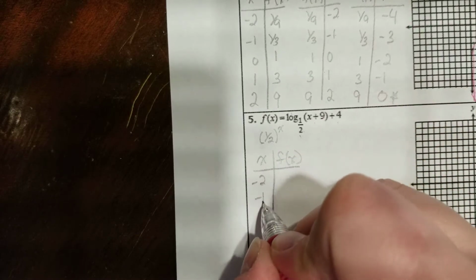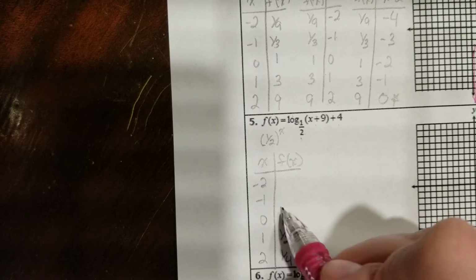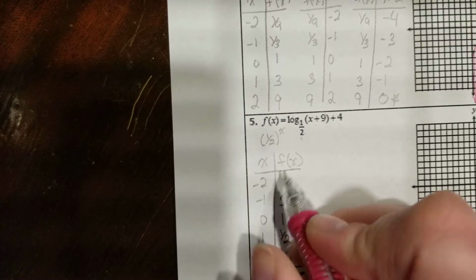We have our 5 values. So 1/2 squared is 1/4. 1/2 to the first power is 1/2. 1/2 to the 0 power is 1. And then we do the reciprocals, so we have 2 and then 4. All right, then go ahead and do the inverse. So just flip-flop their places.